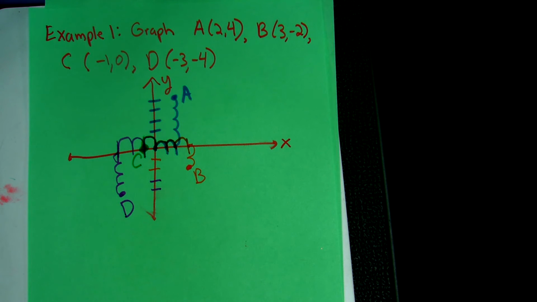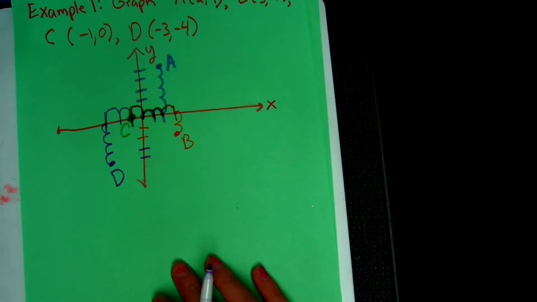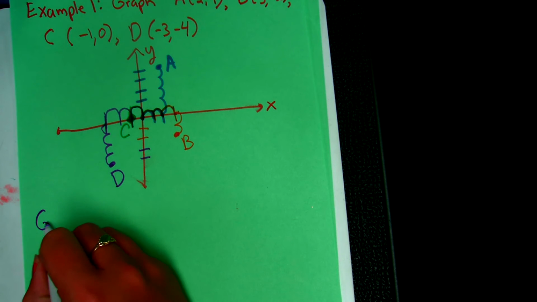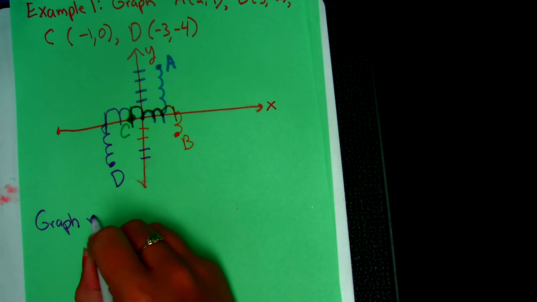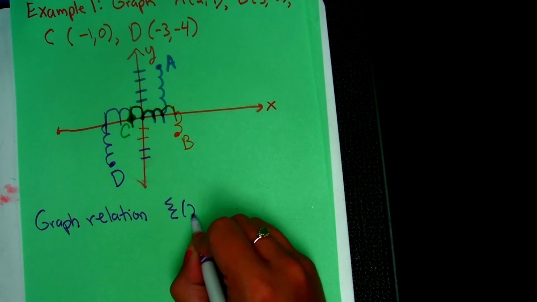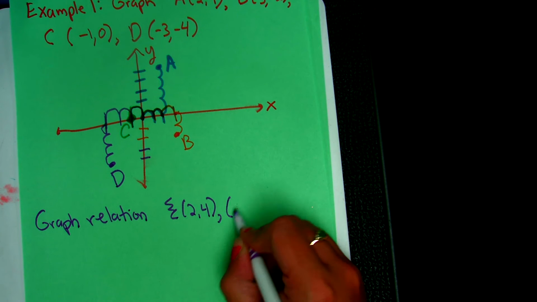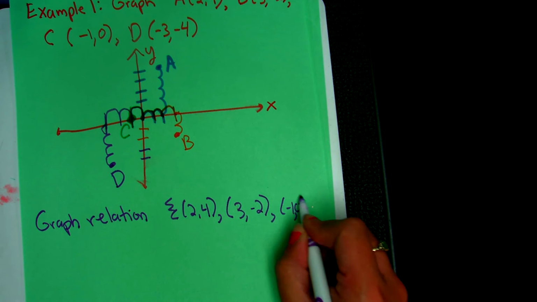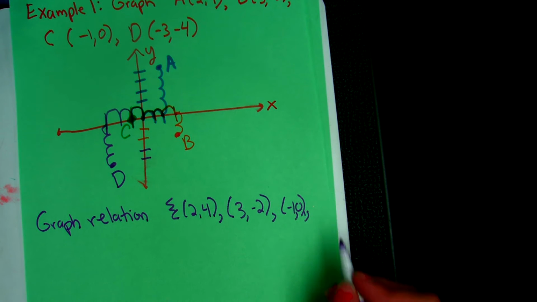So graphs provide a picture of what we call a relation. If we want to graph a relation, let's say we wanted to graph the relation with ordered pairs like these.